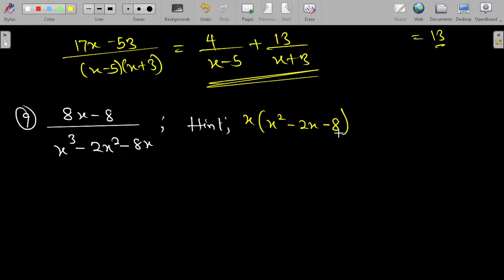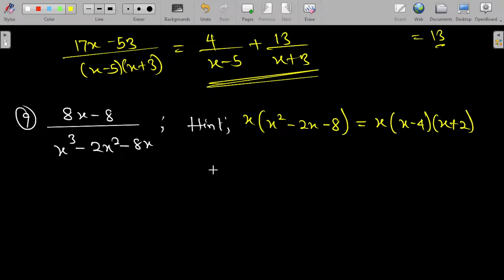That's exactly what they did. And then they now factorize this bracket to give x into x minus 4 into x plus 2. So if you do the factorization of this bracket, you will get this. So this is the first hint they gave us, that the denominator is equal to this. I just showed you how they got that.